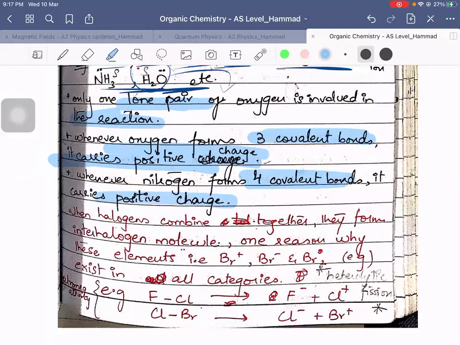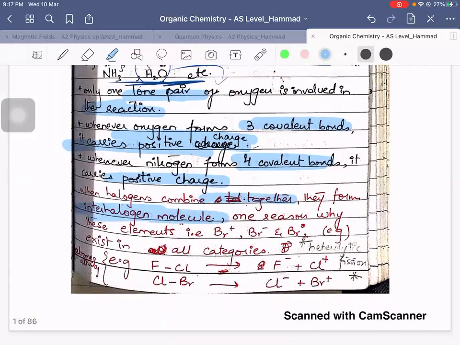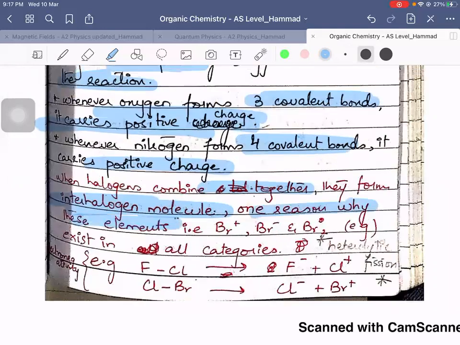unstable. Please understand that when halogens combine together, they form interhalogen molecules. One reason why these elements will have a positive and negative charge respectively. Interhalogens would somewhat look like this.